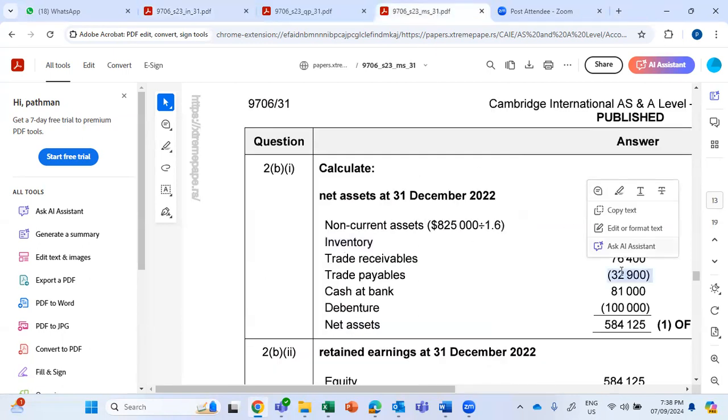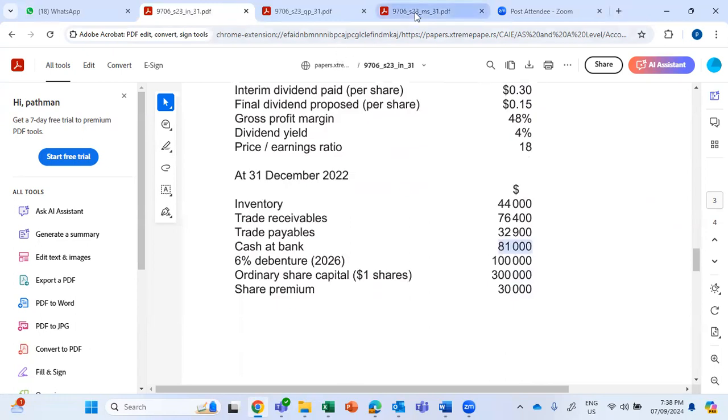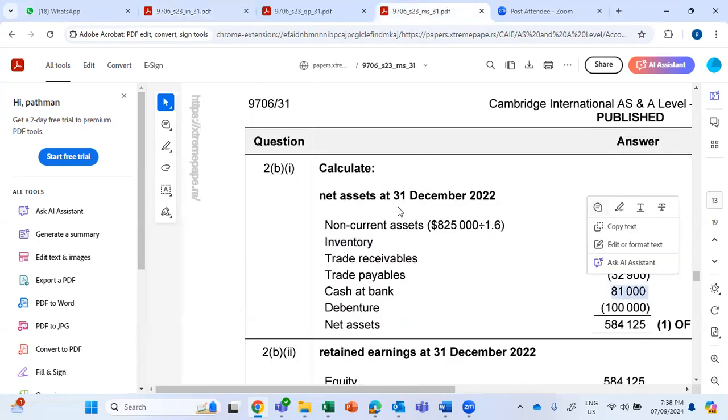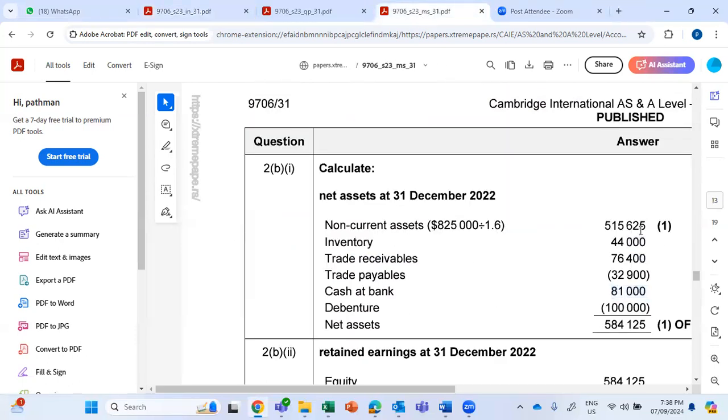We subtract because it's a liability. Okay, then we have cash at bank 81,000. Okay, coming from here, cash at bank. And then we have debentures 100,000. Okay, here it is, debenture 100,000.